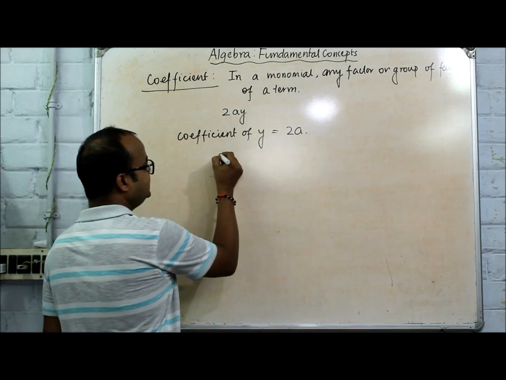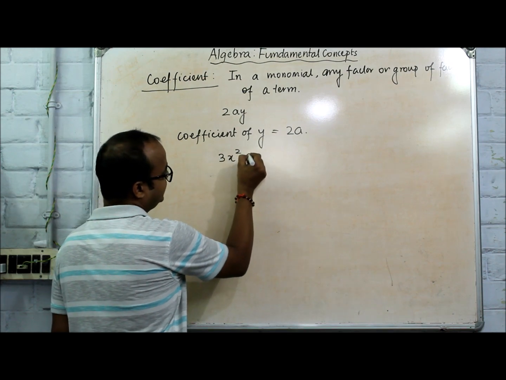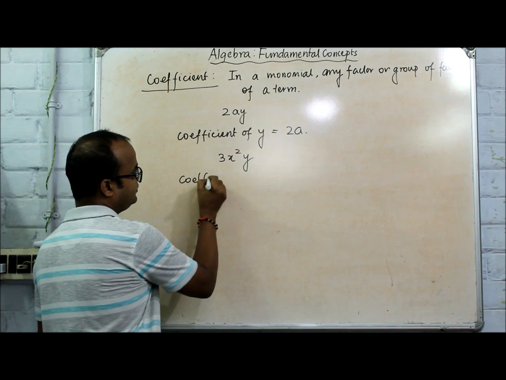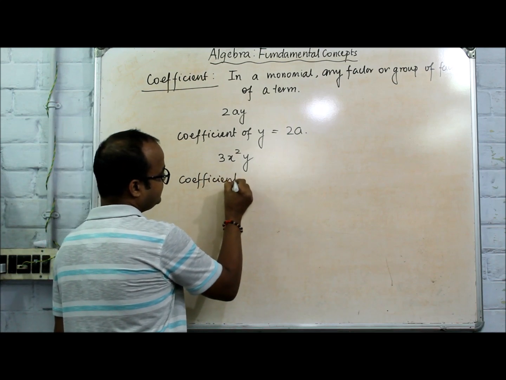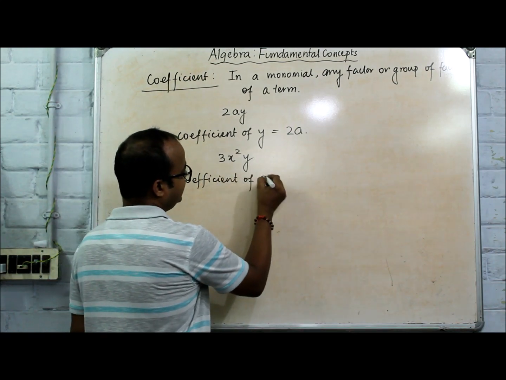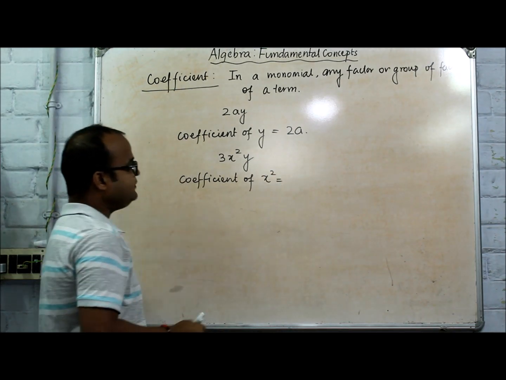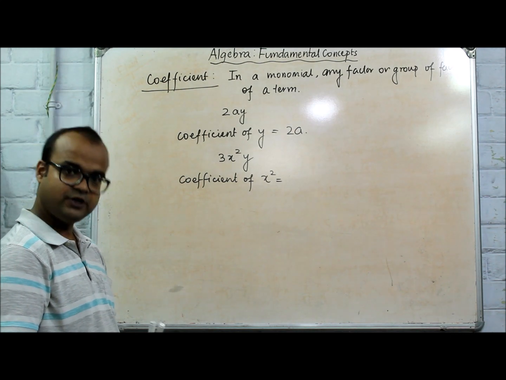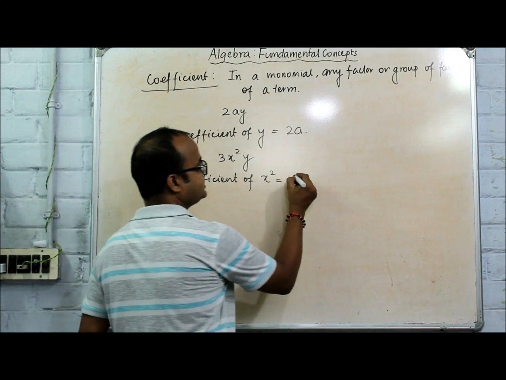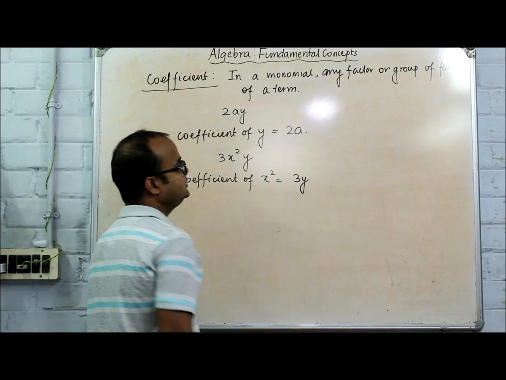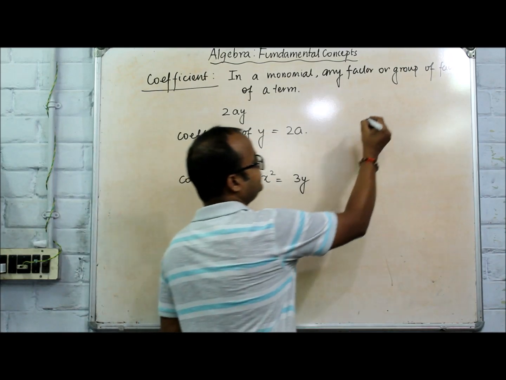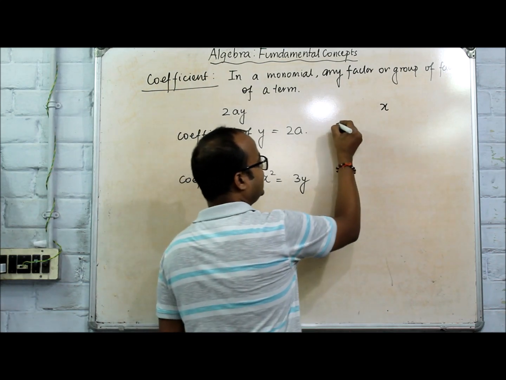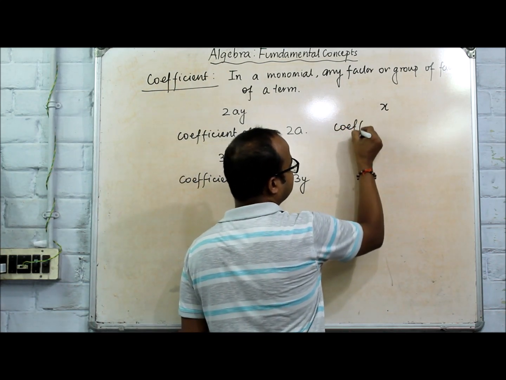Suppose I write 3x square y, and I ask what is the coefficient of x square? Now if I hide x square, what is the term left? 3y. So the coefficient of x square is 3y. If I write x only and I ask what is the coefficient of x?